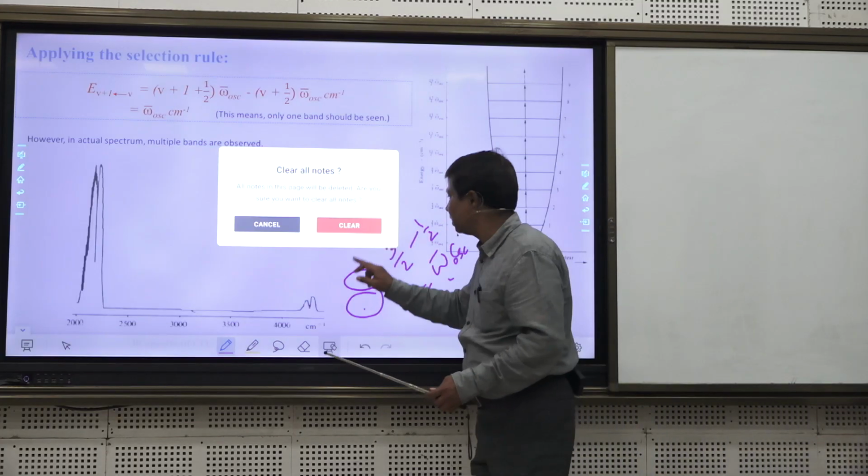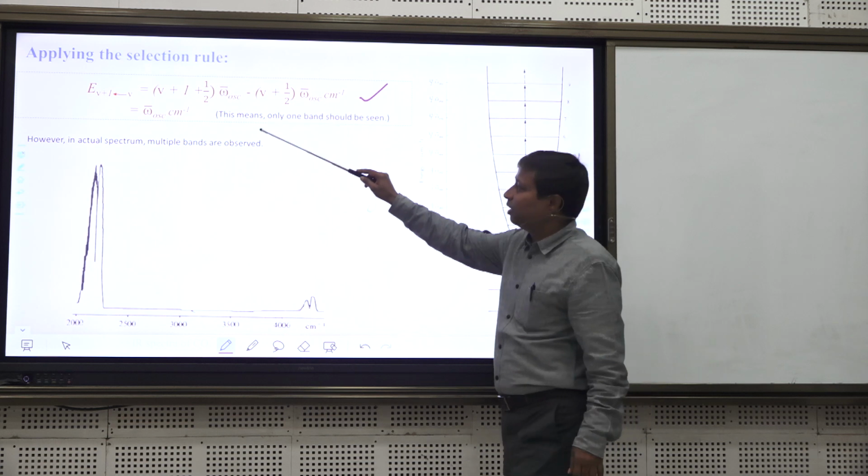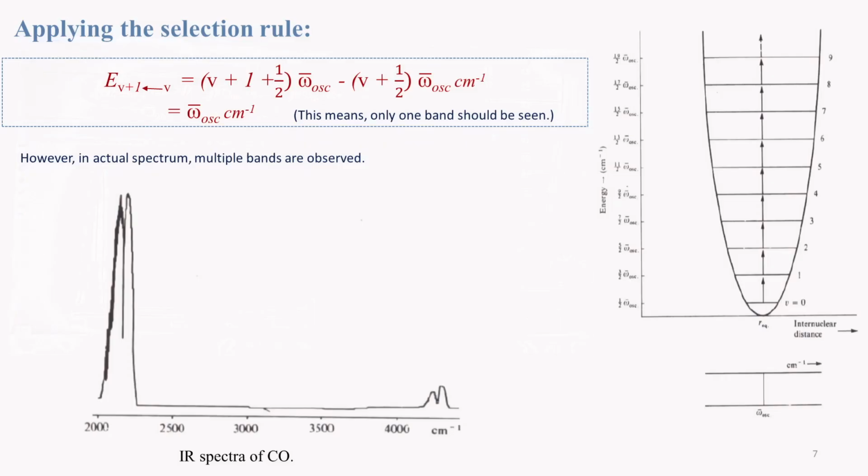So this means that whatever expression we are seeing, if we calculate a transition from V to V plus 1, first put in the expression V plus 1, minus V, then you get omega OSC. So you get only one band, because you think of transition here, omega OSC. If you think of transition from here to here, calculate.